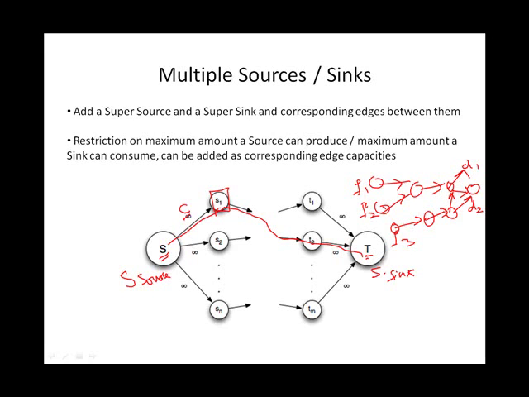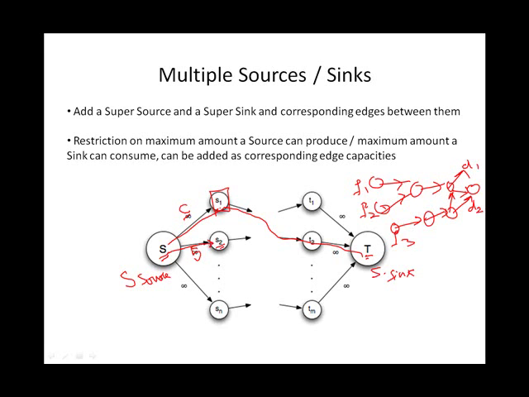Let's say for factory 2, at max 5 goods can be produced. We just take care of that by making the edge capacity from super source to that particular source as 5. So whatever starts from the super source and goes along to this source cannot be more than 5.